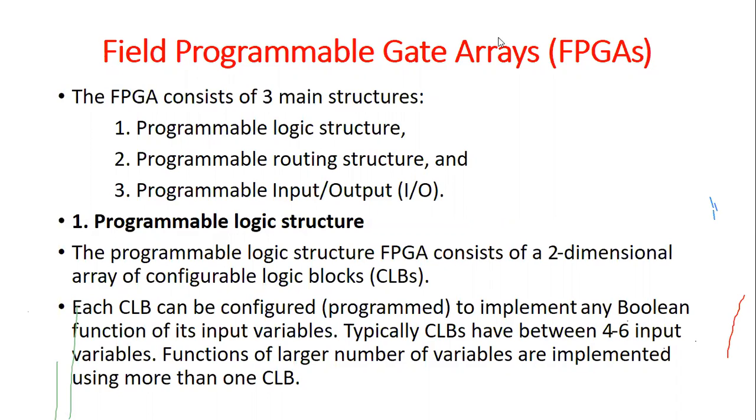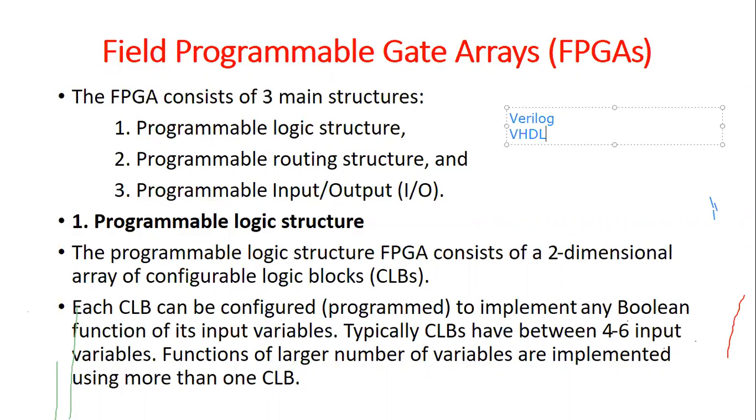Here, two types of software mainly we are going to use. One is called Verilog, and another one is called VHDL. So these we are going to use for implementing this FPGA.